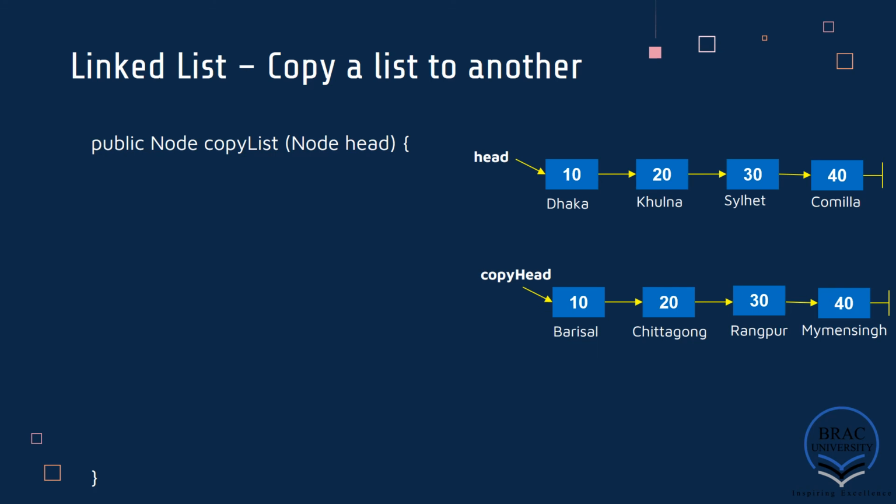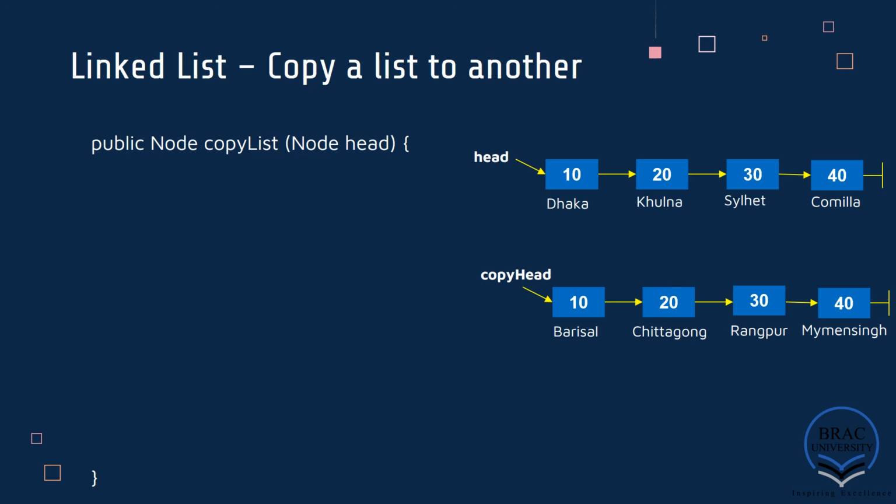I have to make another list which will have the same values as the given list but will be a copy. We name it here copy head to demonstrate that this is a different list and will have different addresses in memory, but it will contain the same values 10, 20, 30 and 40.